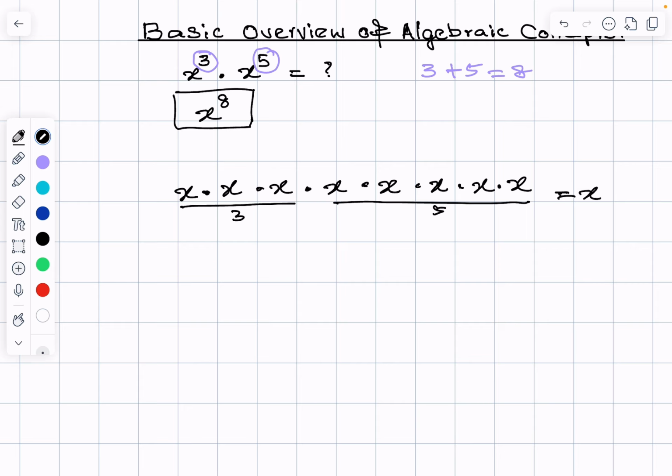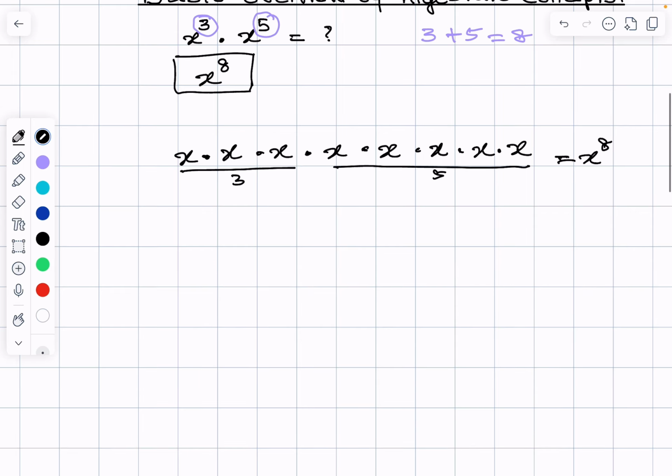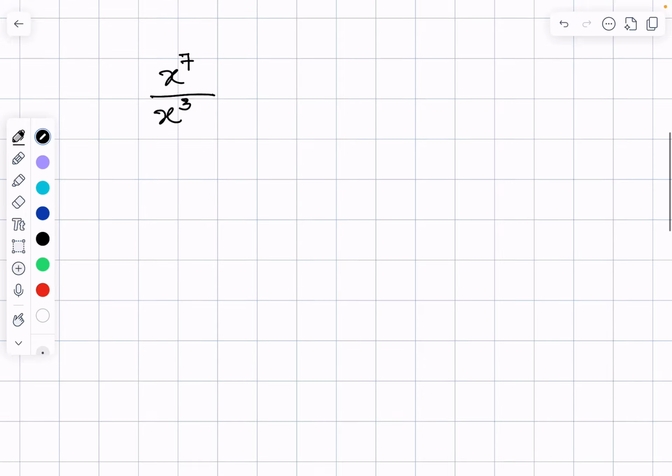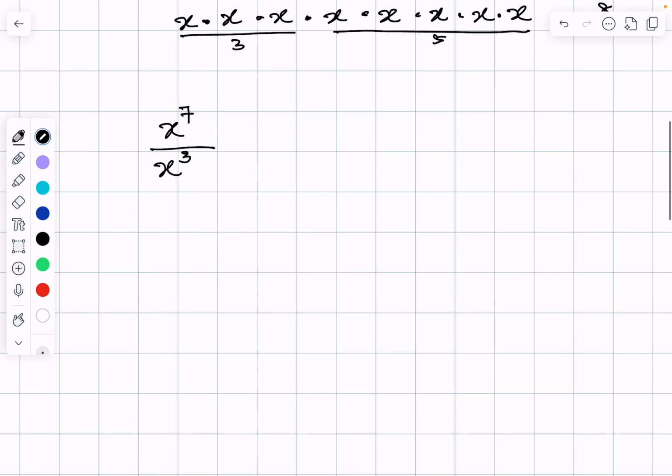Okay, so now let's go to the next question. Next question is x to the 7th power divided by x to the 3rd power. So when we divide, what we do is we subtract the exponents.